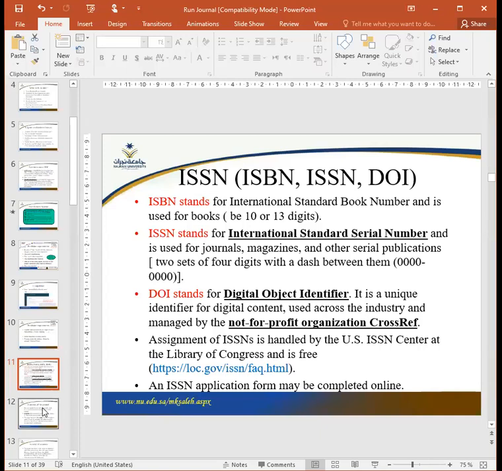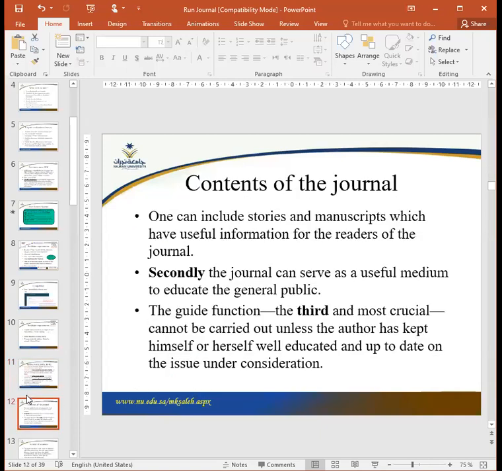Okay, content of the journal. It's well known that the functions of the media, print or electronic, are to inform, educate, and guide. Hence, the content of a scientific journal can reflect most of the above functions.